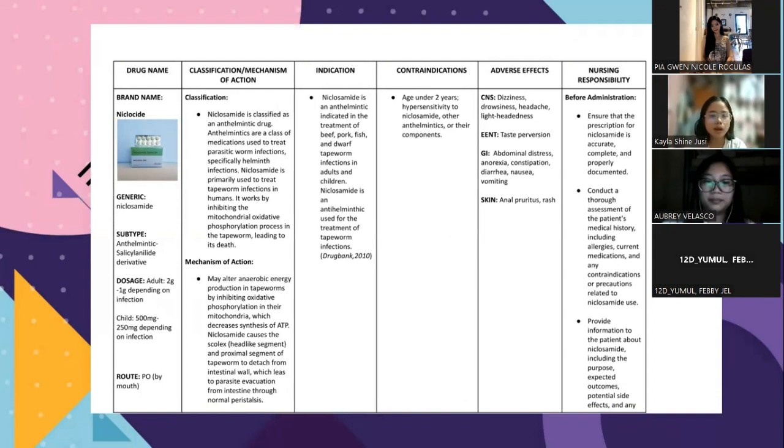It belongs to the subclass of drugs known as anthelmintics, specifically a salicylate derivative, and anthelmintics are medications used to treat parasitic worm infections. The dosage of Niclocide can vary depending on the specific infection being treated.